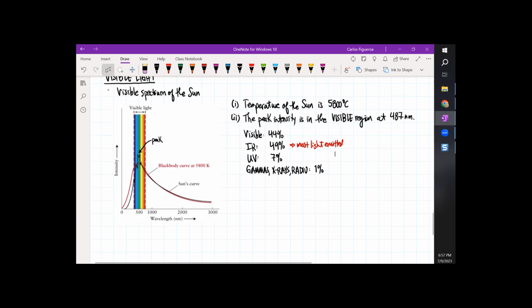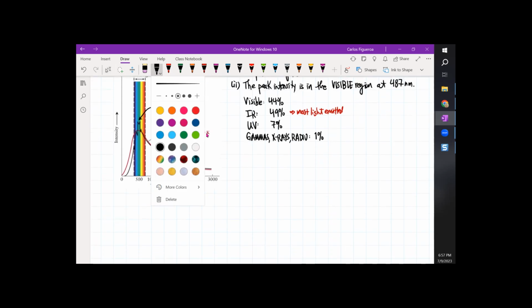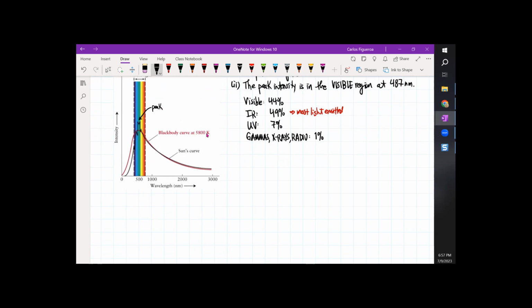But let's look at some of these other things here. There's some misconceptions that I think we should definitely look at. So let's talk about, I called that 2, so how about 3 here? There's a misconception about the color of the sun.